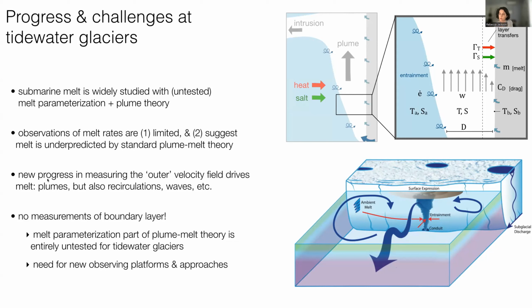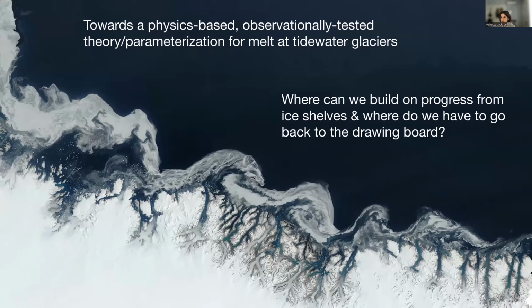One component of that is some of the new progress we're seeing in measuring all the other components of velocity that can drive and enhance melt, so thinking beyond just plumes. But a real challenge for our community is the lack of measurements of the boundary layer. The melt parameterization part is really entirely untested, and we need new observations and observing platforms. So I'll end there. Maybe just leave those questions up. And sorry, I went a little over there.